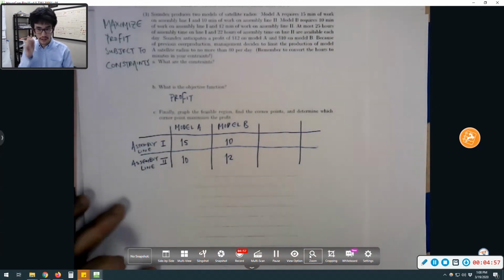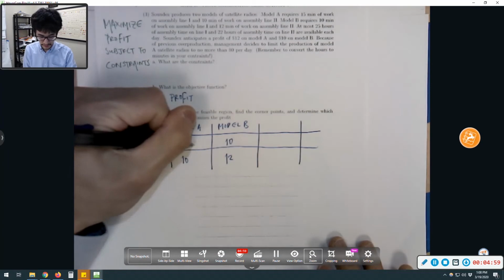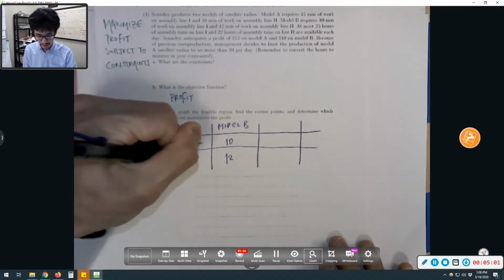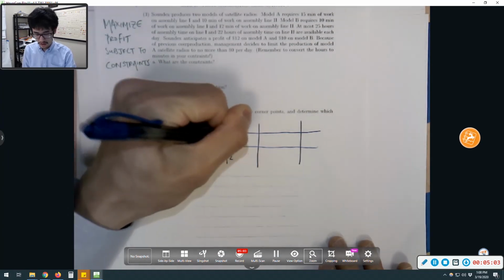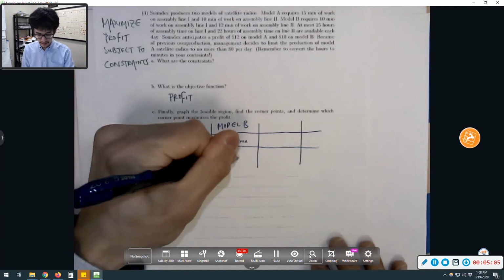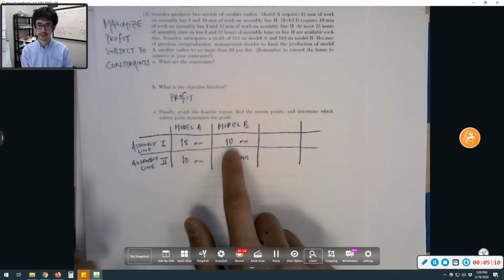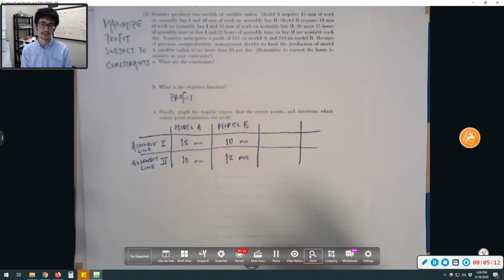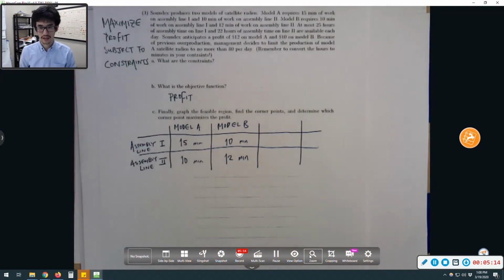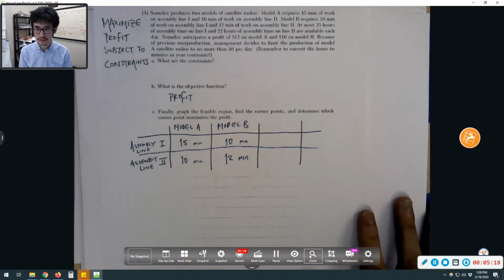These are all minutes, so if you want to be concise, we should just write minutes here. Actually, Model B is probably the smaller one because it takes 10 minutes on assembly line 1.